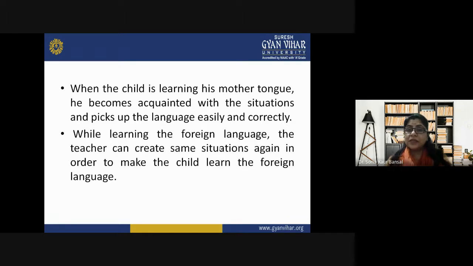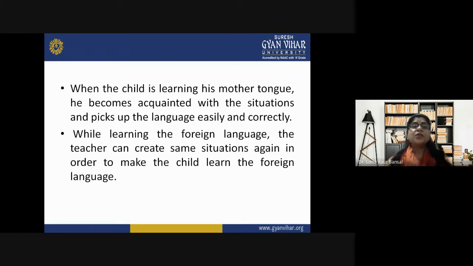So this is the difference, and this is the similarity, that the same object is addressed by different words in different languages.